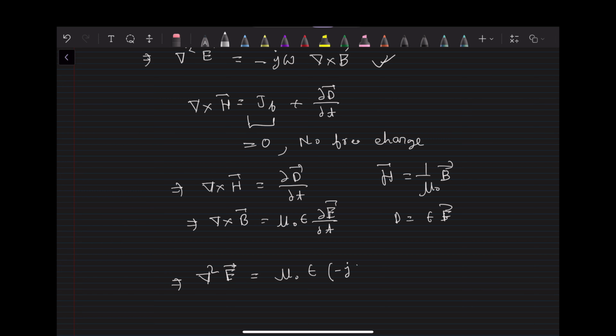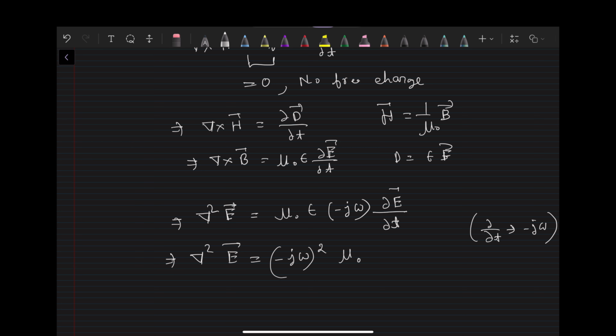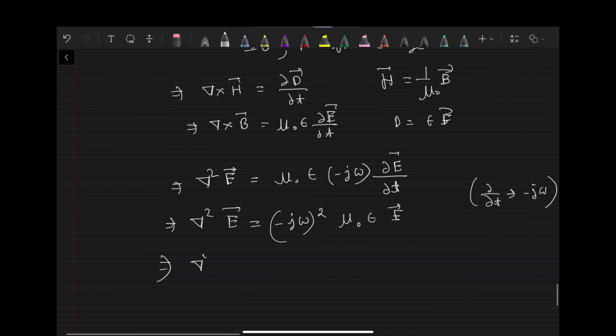okay, we had j omega from our previous equation. Now again we can replace this with, so what we are left with now, let's simplify.